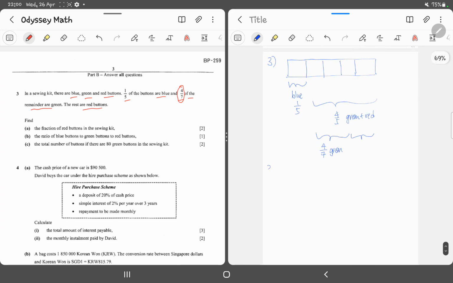So for 3A, because this fraction 4/7 is of the remainder, in order for us to express the fraction of the green buttons out of the total, we have to take 4/7 times 4/5, which is the remainder. In this case, it will be 16/35. So this is the fraction of the green buttons out of the total.